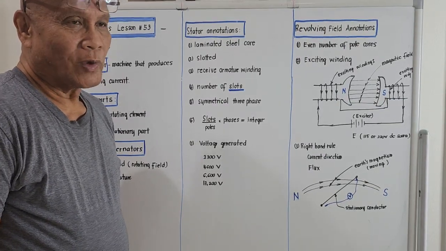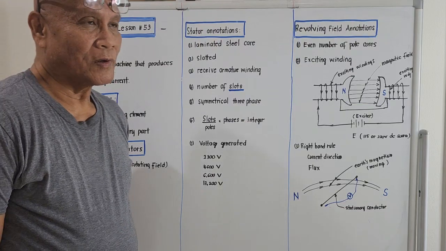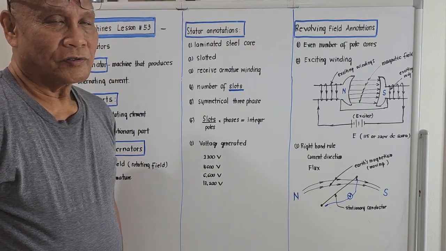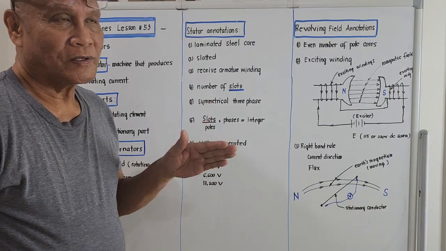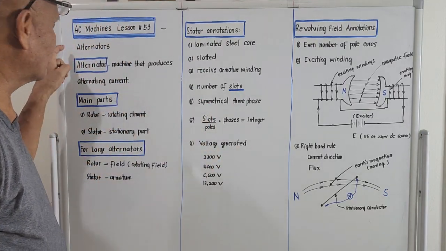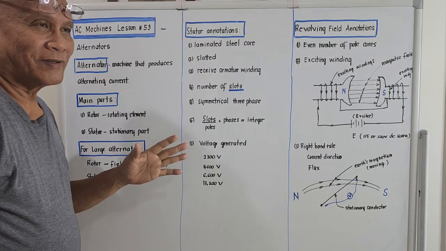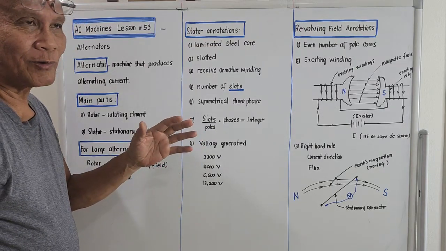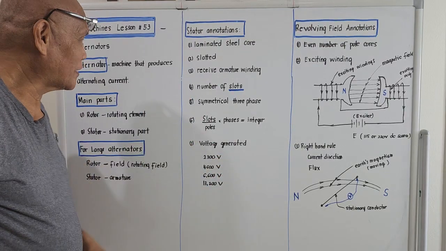So I will now place the name as alternator: a generator that produces alternating current.